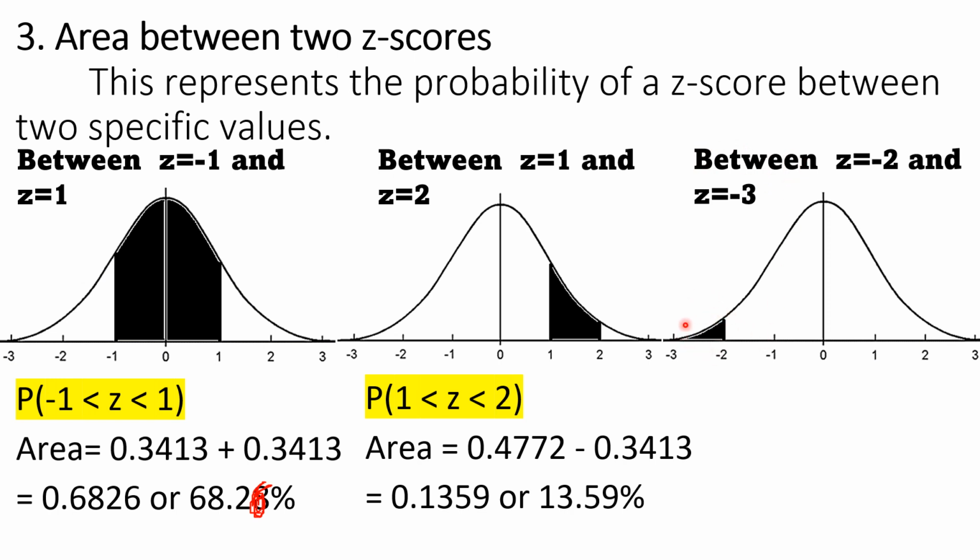Regarding the shaded portion, it's only up to -3. Remember that after -3, we still have -4. Because from -3 to +3, the area is only 99.74%, if I'm not mistaken. And after -3 and after +3, we still have z-scores there, and we still have the area 0.26%.